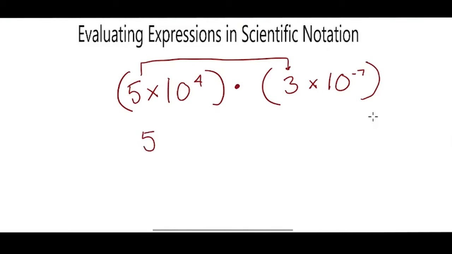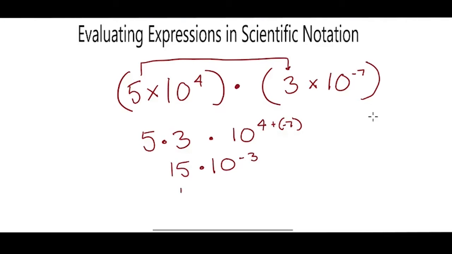So we'll do 5 times 3 times 10 to the 4 plus negative 7. Well, that's going to give me 15 times 10 to the negative 3rd power.